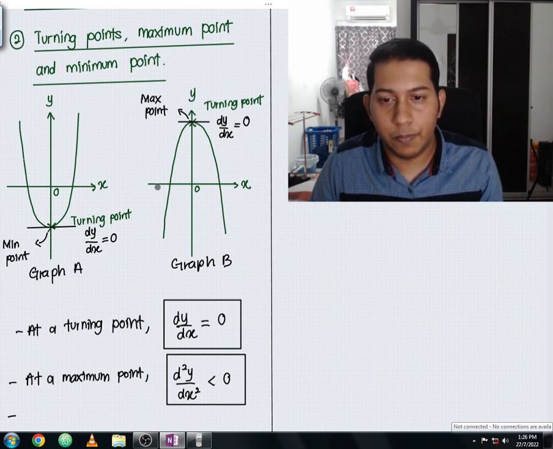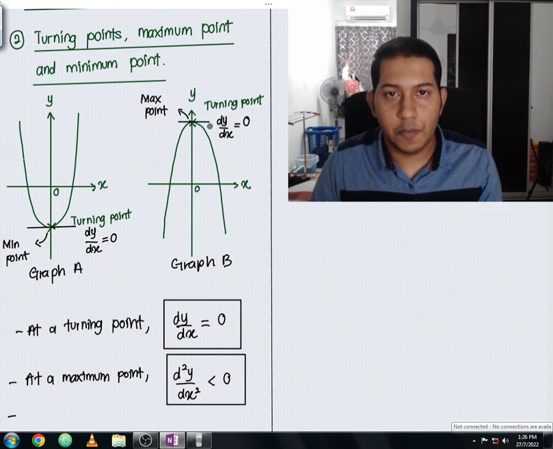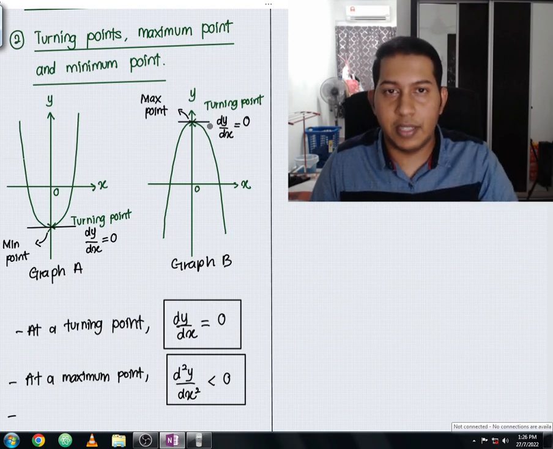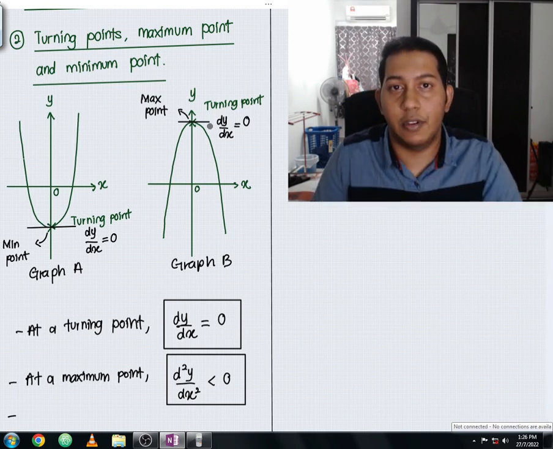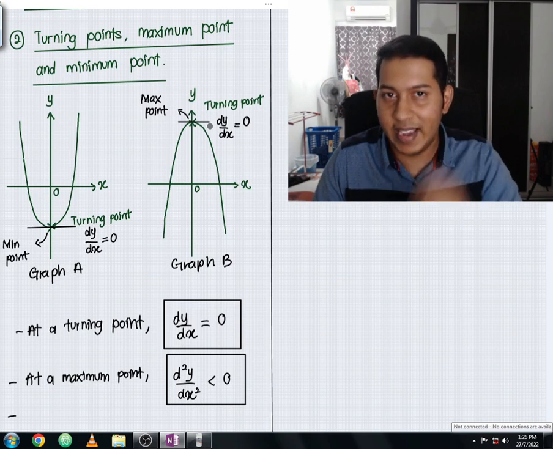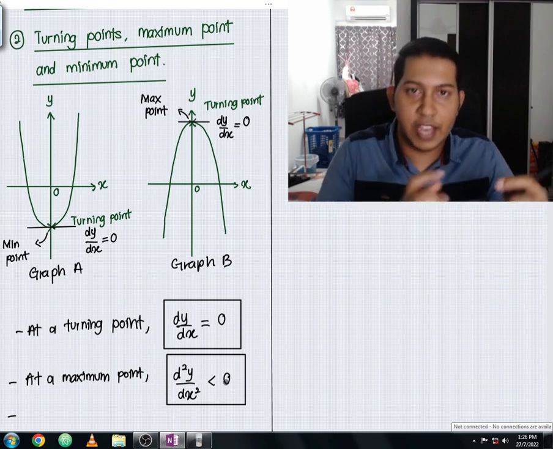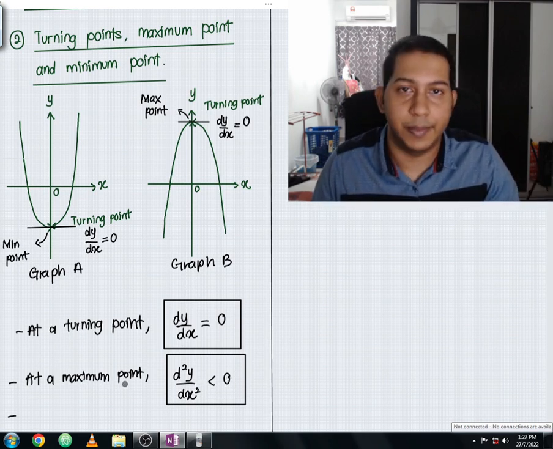Take a look at this graph B. The coefficient of A is negative. So when you perform double differentiation, it will give you a negative constant. Can you get the concept? That's how you get the negative value over here, and from there you can conclude that it is a maximum point.